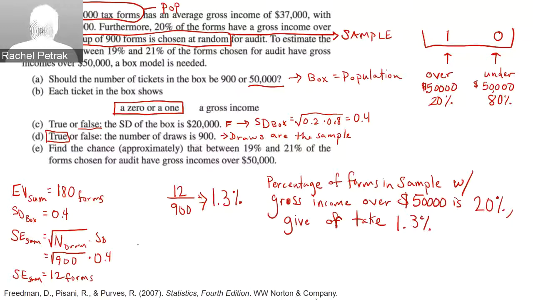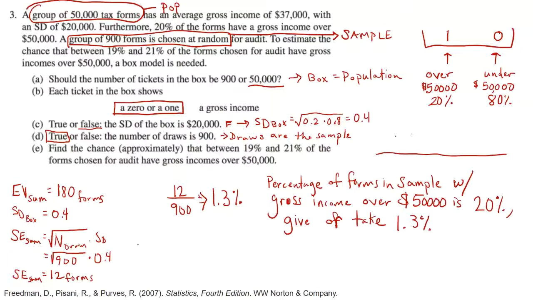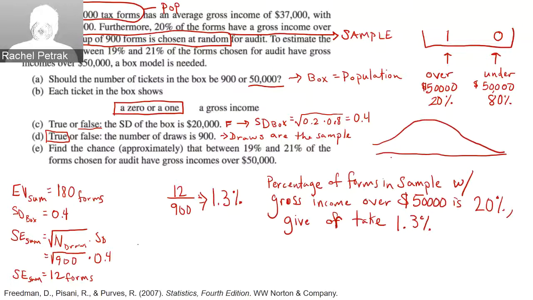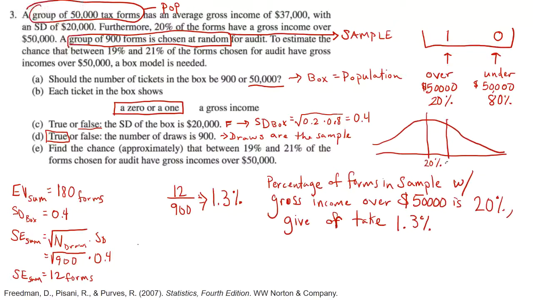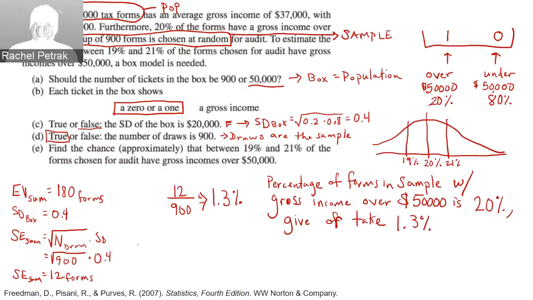If we look at this on a normal distribution, it's mostly normal distribution, let's assume it's actually normal. You can see that 20% is our expected value. We're looking at the range that's 21%, down to 19%.